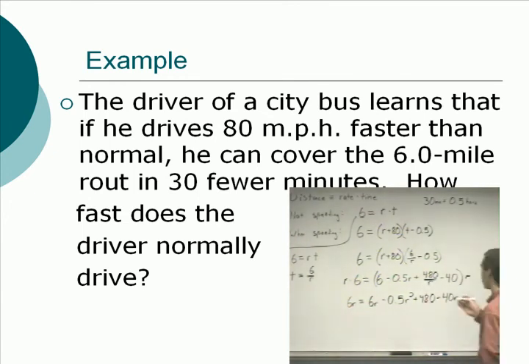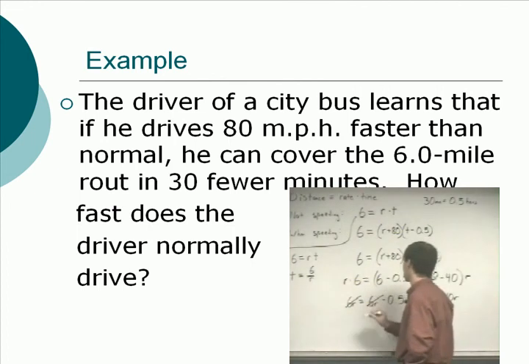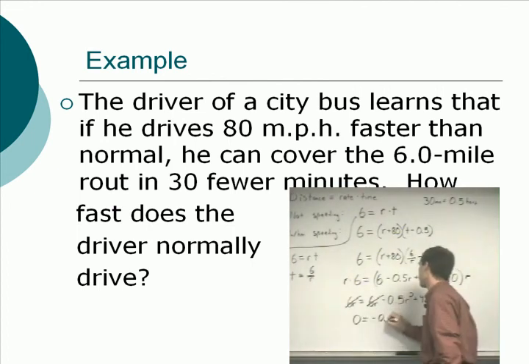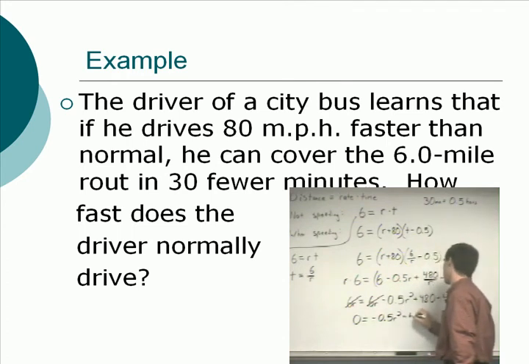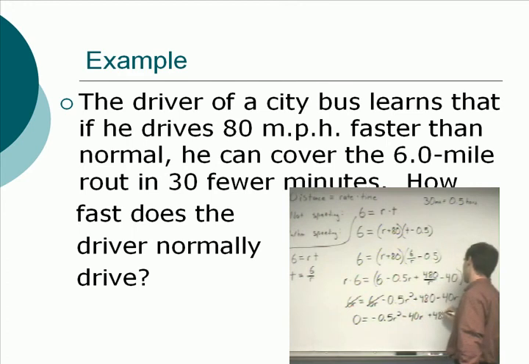Now the 6r's will cancel off. It's negative 0.5r squared minus 40r plus 480. I don't want to cause additional confusion. We'll just leave it just the way it is. It'll work out okay.